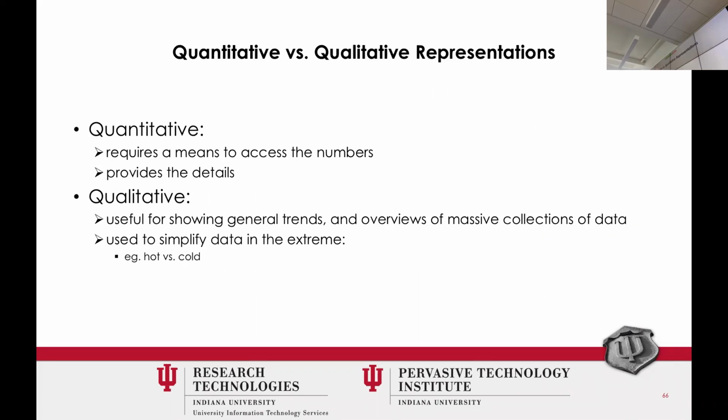But a lot of times we're going to start with the qualitative, just to get the general trend of what's going on. And again, if you have a lot of data, you can get some overviews and see what's going on. And then use it to simplify data, right? So we might even use it to say something is hot or cold, right? So we break it down into large discrete chunks rather than a continuous data set.